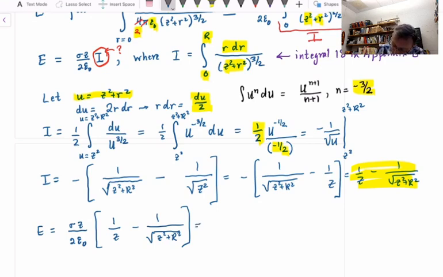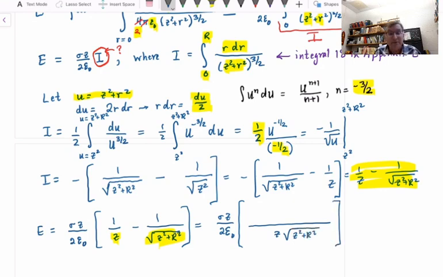And the way to do it is to take that quantity inside the brackets, think of it as a subtraction of two fractions, and get a common denominator. And the common denominator is the product of those two denominators. So that's z times the square root of z squared plus r squared. That's the common denominator. Then in the numerator, figure out what goes.